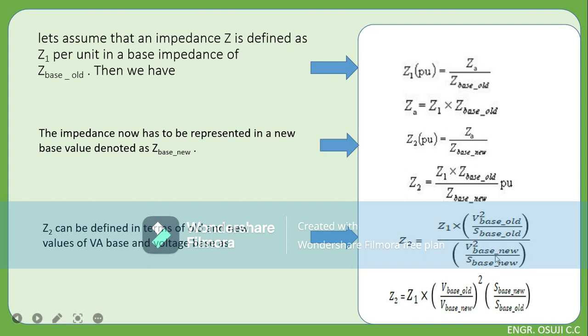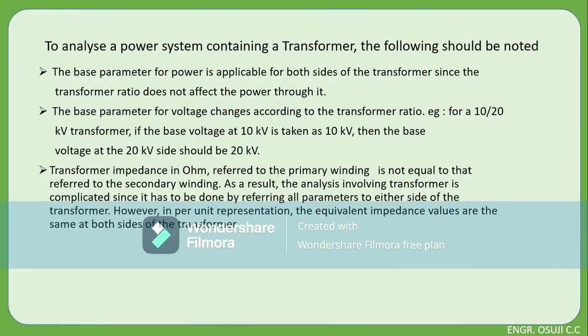The inverse of this will become S B all over what? V B new squared. So you see that? When you do your calculation, it will come this way. So what we just did here to simplify, this formula will be used to calculate the new per unit value in the new base, knowing the old per unit value, which is Z1.